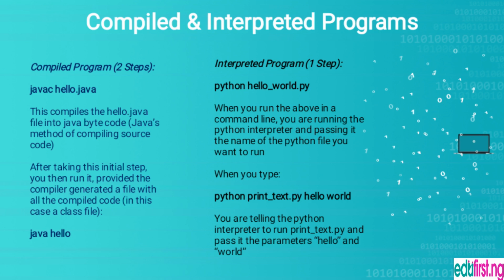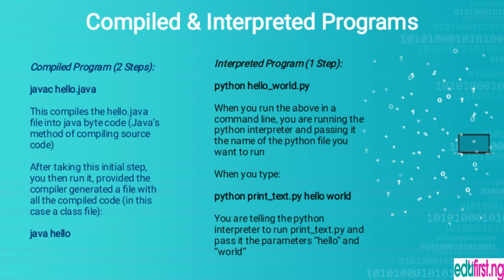When you run the above in a command line, you are running the Python interpreter and passing it the name of the Python file you want to run. When you type python print_text.py hello world, you are telling the Python interpreter to run print_text.py and pass it the parameters hello and world.